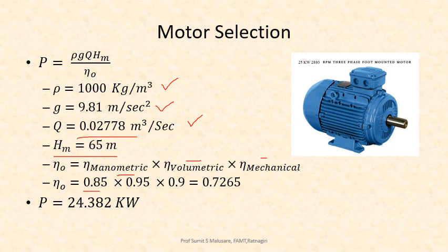I have assumed the values of all these efficiencies such that the overall efficiency should not fall below 70%. So with these assumptions, I have got the overall efficiency as 72%. From this I get the power required as 24.382 kilowatts.